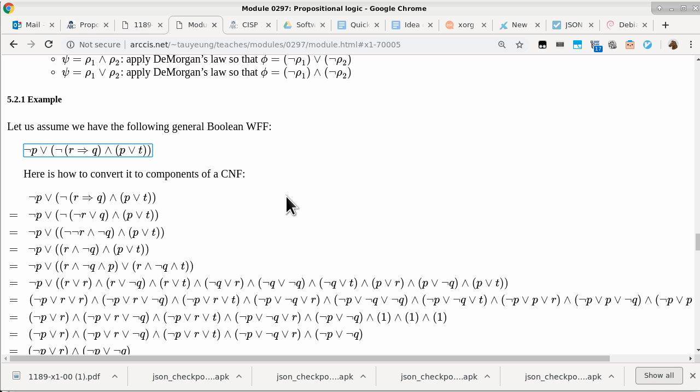But give me any valid Boolean expression and I can convert it into a conjunction of disjunctive terms, or a conjunction of well-formed formulas using my term from earlier. So it is just as expressive as the usual Boolean expressions you are familiar with, except the format is very simple.